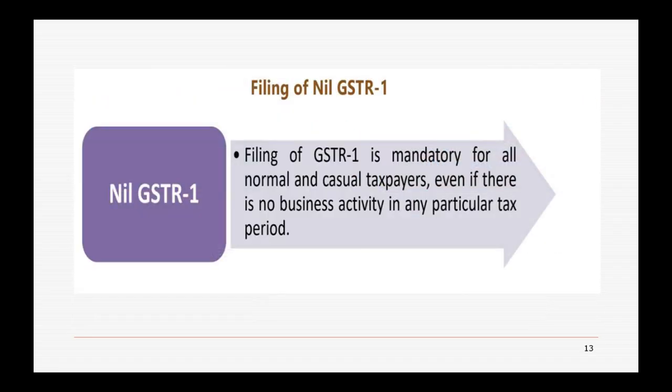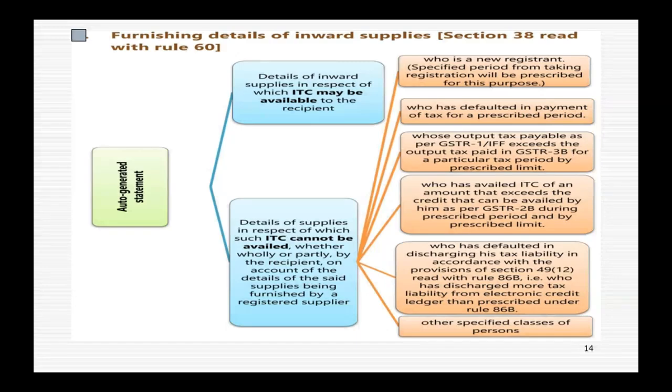A nil return is required to be filed, because how will the department come to know whether you are going to comply in filing of the return or not. So whether it is nil or tax payable, mandatorily all returns have to be filed.